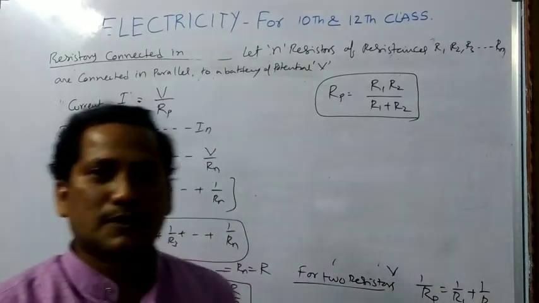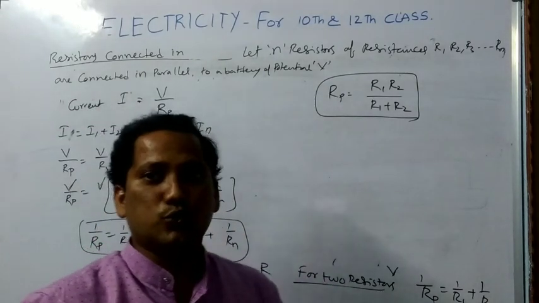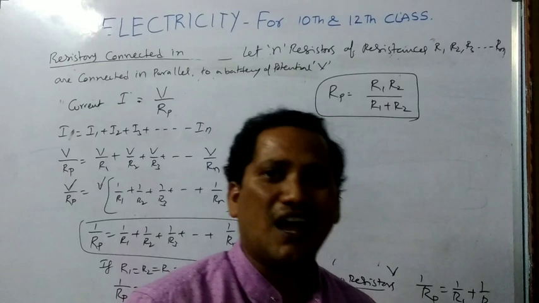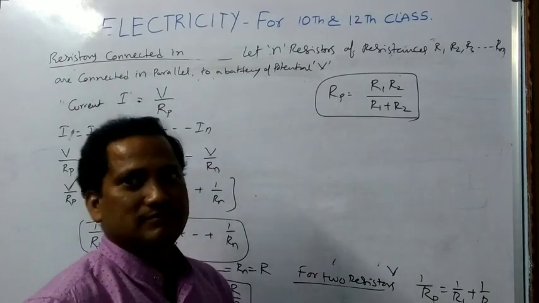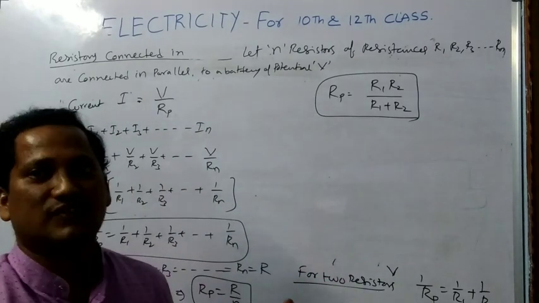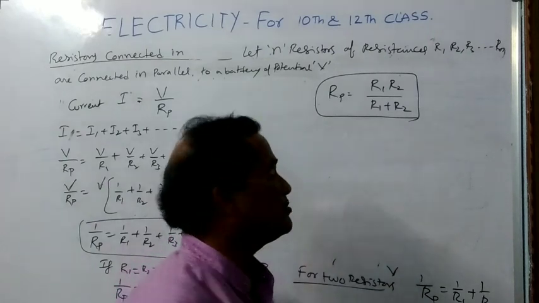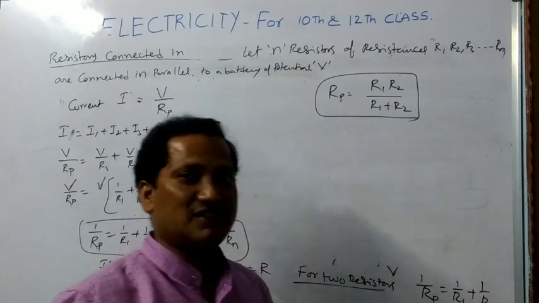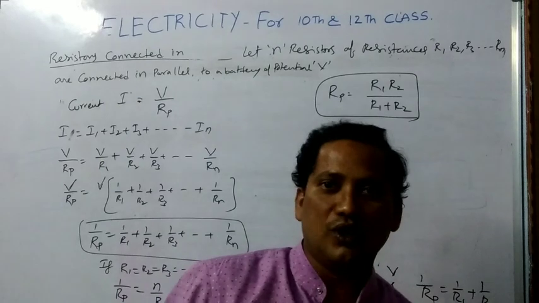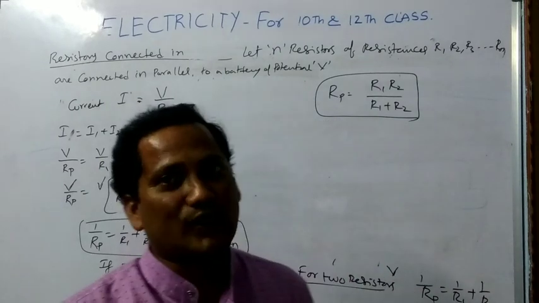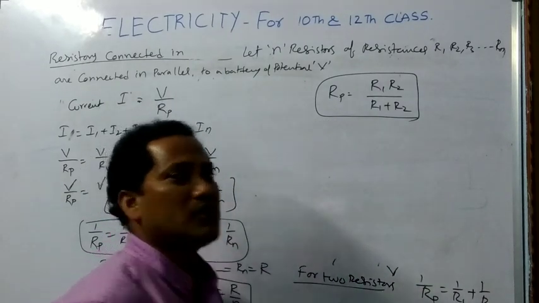While doing the problems, if they give two resistors connected in series and then parallel, and ask for the effective values of the resistors, for such questions you can use the mathematical formula: A minus B whole square is equal to A plus B whole square minus 4AB. In place of A and B, you can use R1 and R2.